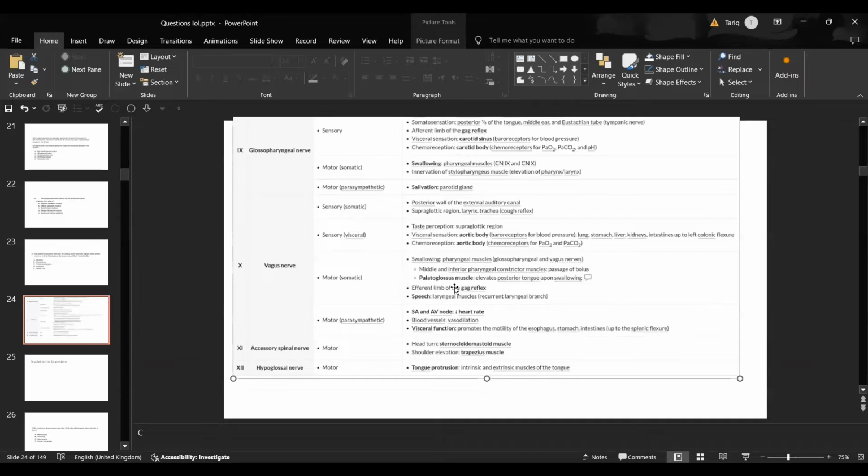And also it handles parts of the swallowing, as well as functions related to the heart, which aren't really as relevant here. But you might still get asked on it, so it's best to know. Then you have cranial nerve 11, which is the accessory spinal nerve, which controls the sternocleidomastoid. And finally, cranial nerve 12 controls the tongue. Okay?